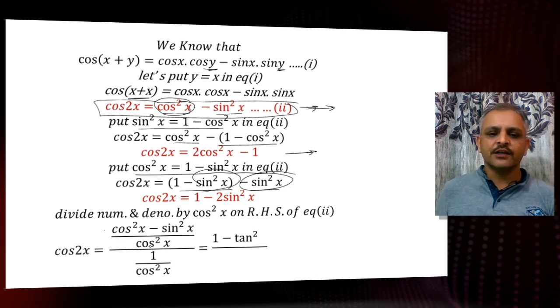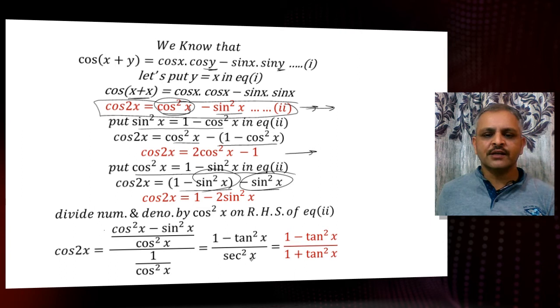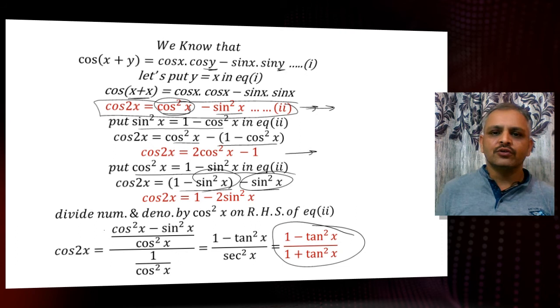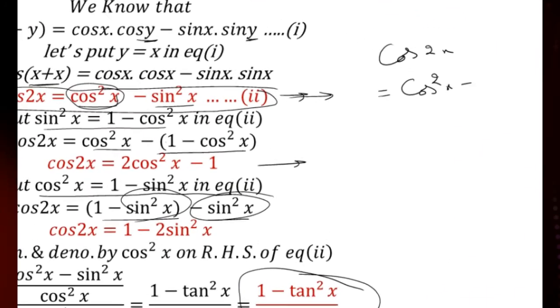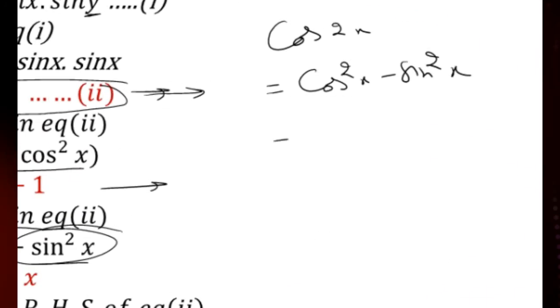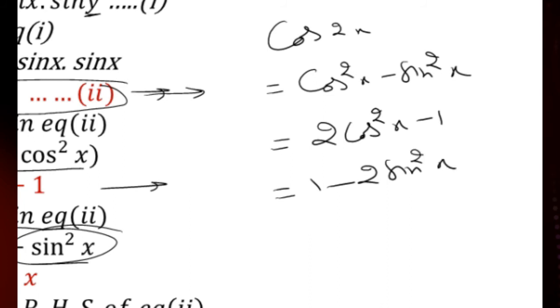Cos square x by cos square x cancels, sin square x by cos square x becomes tan square x, and 1 by cos square x becomes sec square x, which is equal to 1 plus tan square x. This is also a very important identity. So for cos 2x, we have 4 basic identities. First is cos square x minus sin square x. Second is 2 cos square x minus 1. Third is 1 minus 2 sin square x. And fourth is (1 minus tan square x) by (1 plus tan square x).